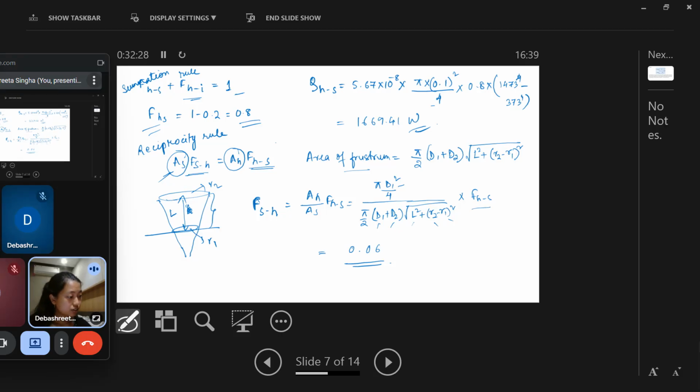FHS is 0.8, already found out here. We substitute all the values and we should get the value 0.06. You can just note it down and later you can calculate also.